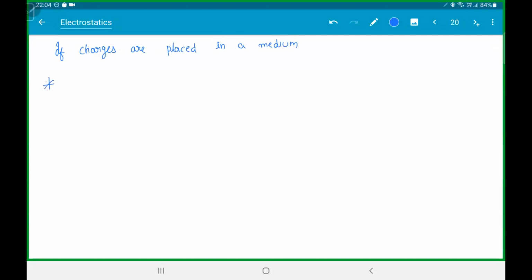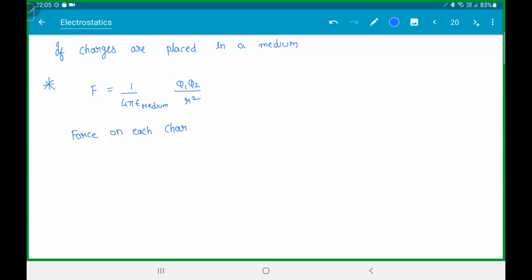The force formula becomes the formula which we wrote now, 1 by 4 pi epsilon medium, Q1 Q2 by R square. Now, important thing here, what is this F exactly? This is the force on each charge. This is not the force between the charges.